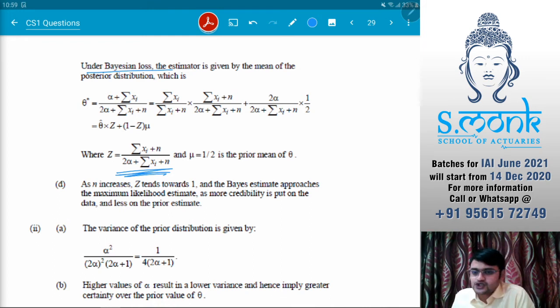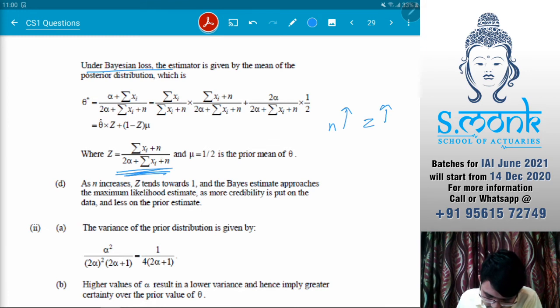Now if you want to check whether it is a good credibility factor or not, if n increases, if sample size increases, then your z should increase. That is always going to be the first thing you would check.